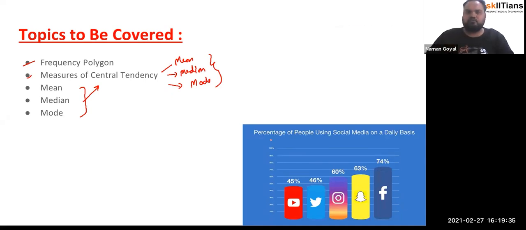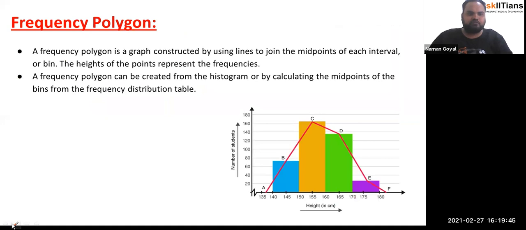As I told you, this graph is in the form of a bar graph. So today we are going to start with frequency polygon. A frequency polygon is a graph constructed by using lines to join the midpoints of each interval or bin.